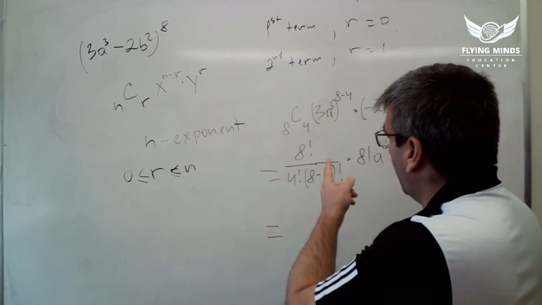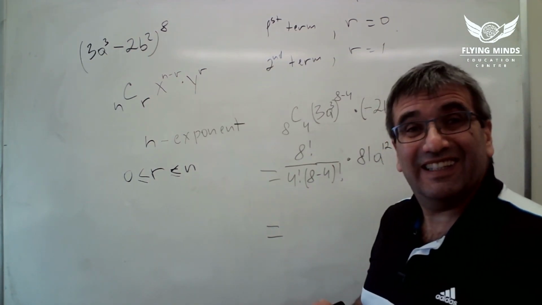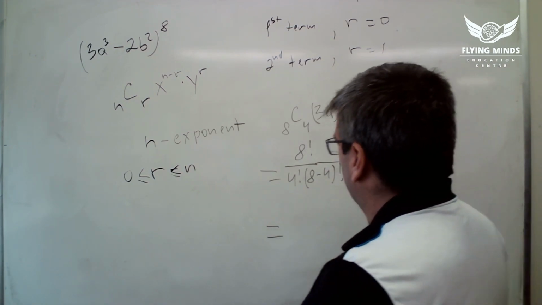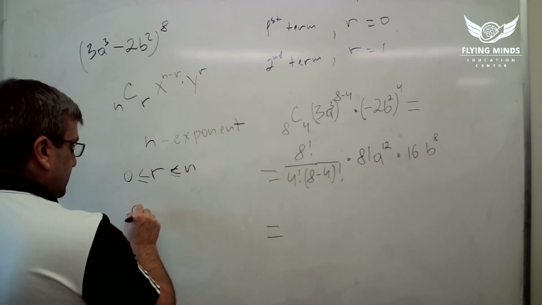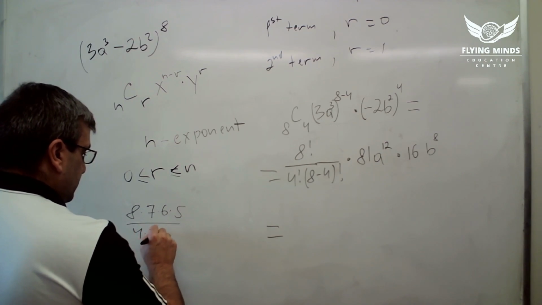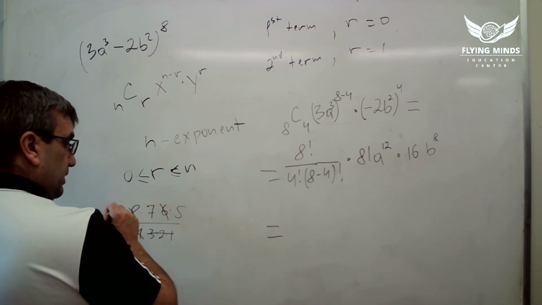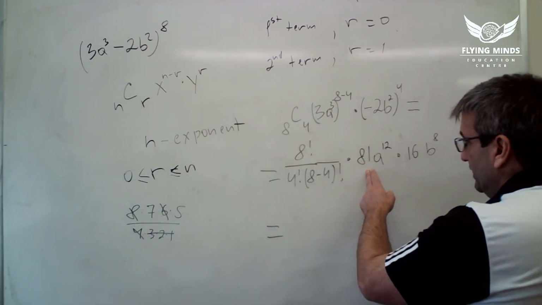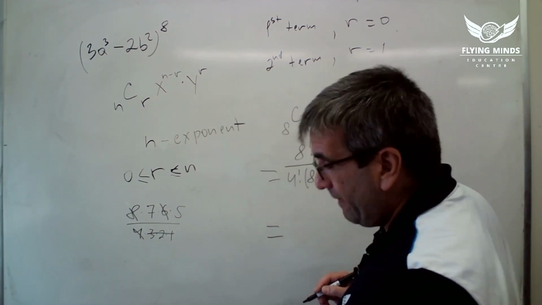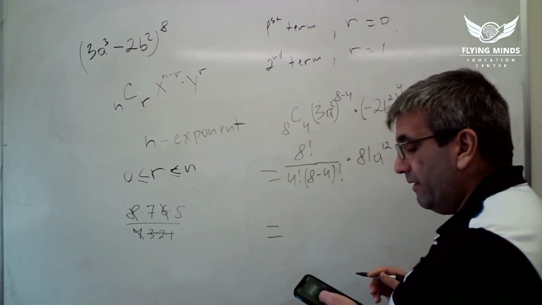So 8 choose 4 is 70. I calculated 70. Yes. Okay, and then 70 times 81 times 16 is 90,720.